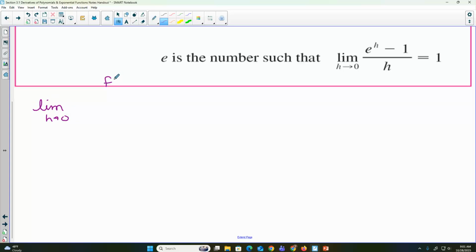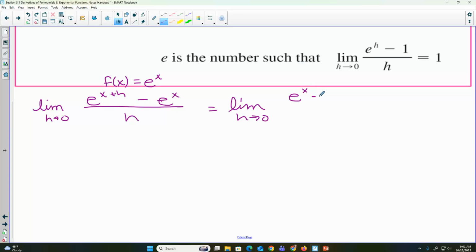If my function were e to the x, that would be e to the x plus h, because remember f of x plus h minus f of x all over h. E to the x plus h, properties of exponentials.